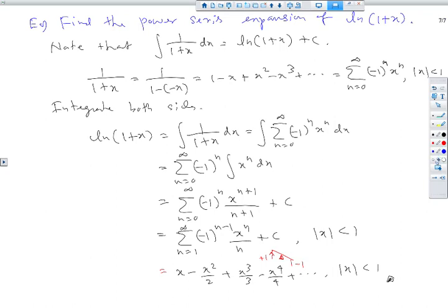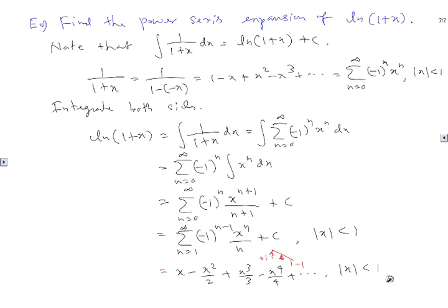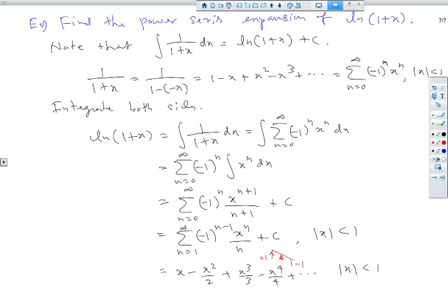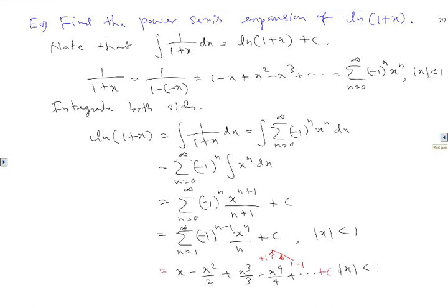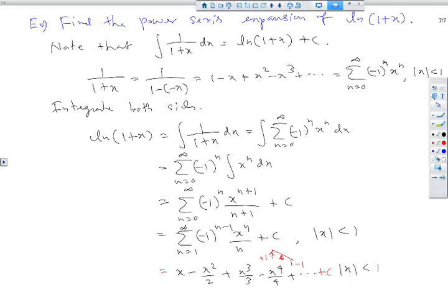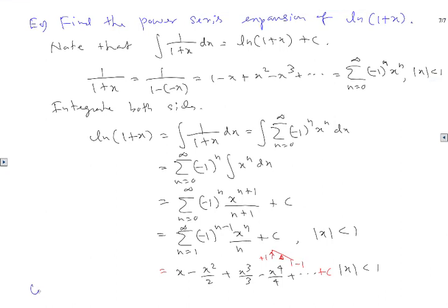So what we need to do is find the c. For that, we're going to substitute something that we know. So let x equal 0.